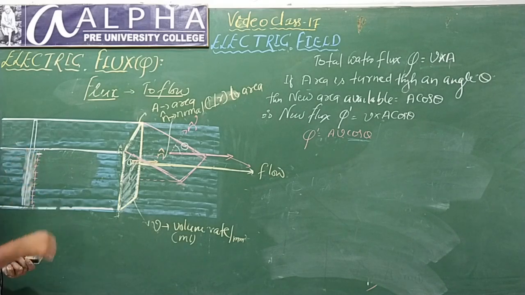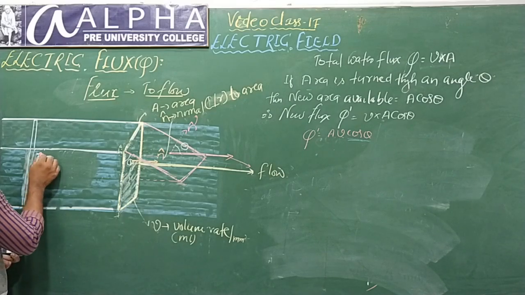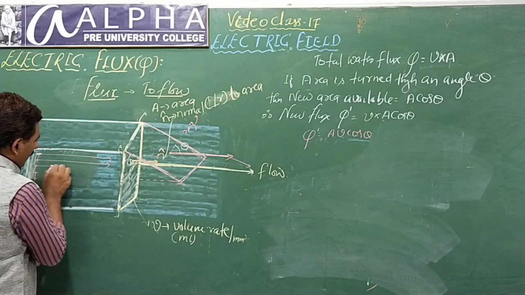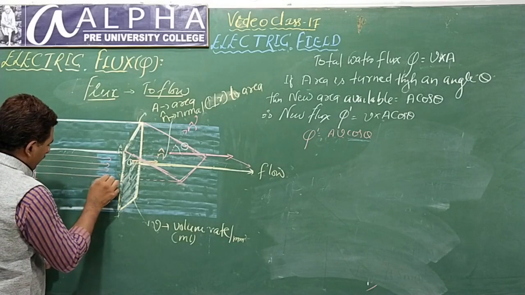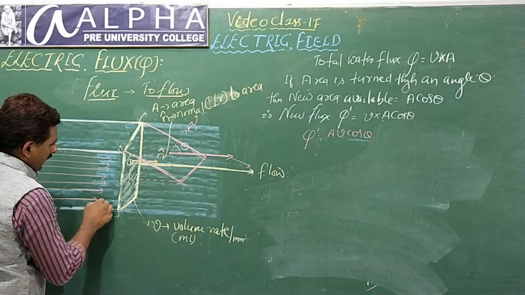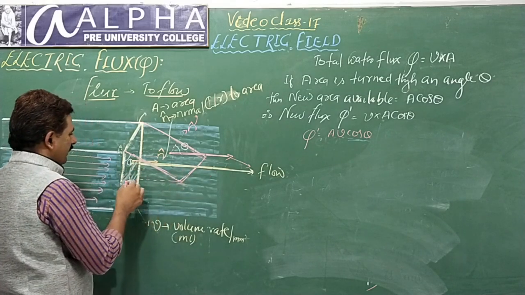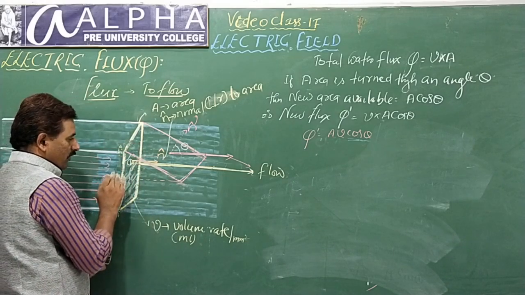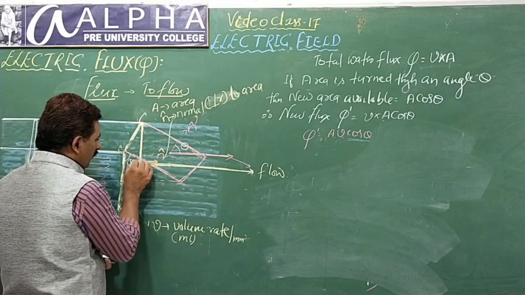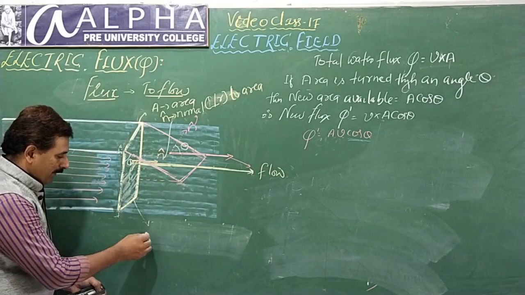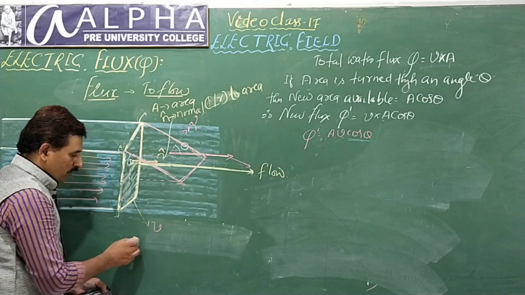In this charge distribution, students, the electric field influence is like this. In the previous example, water flow. Here, electric field is coming out of this. Let us suppose it is uniform, has the same value all around for simplicity. What is the value of field at each point? Previously, V was the volume of water flowing.